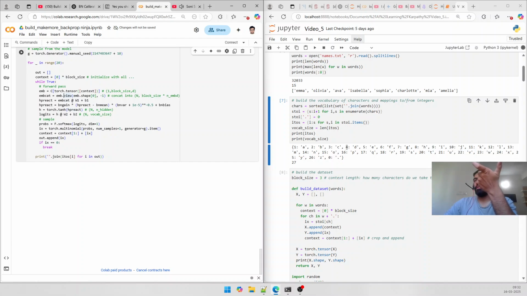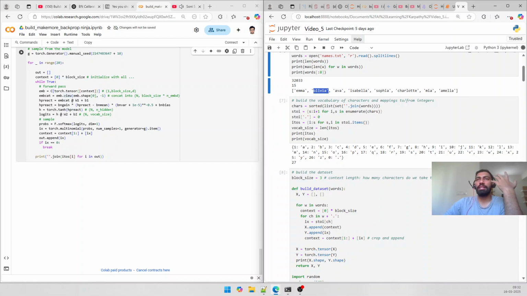So we get a word that way, say we get Olivia, that gets printed, and that will run for 20 more times, so we will get 20 words one after the other.